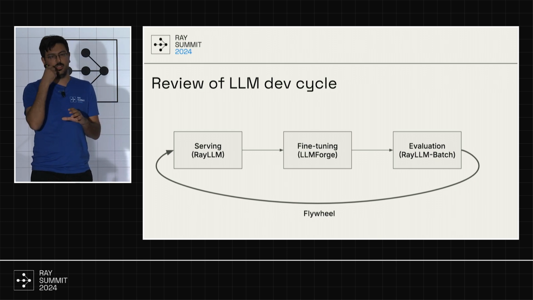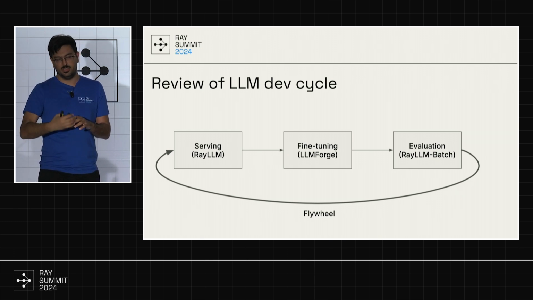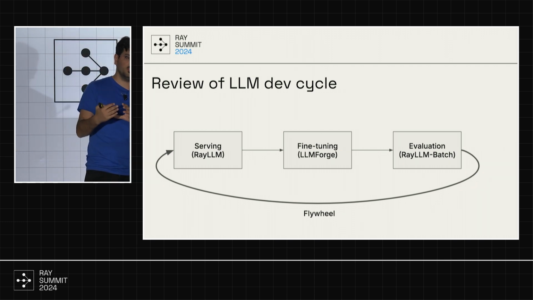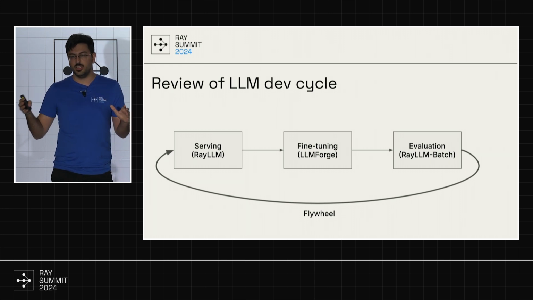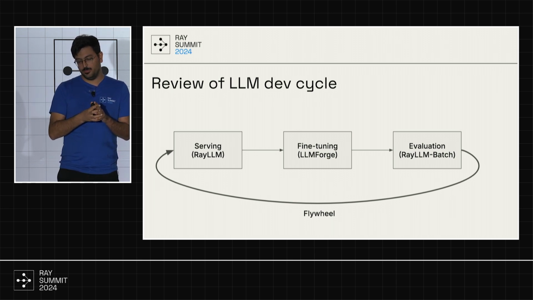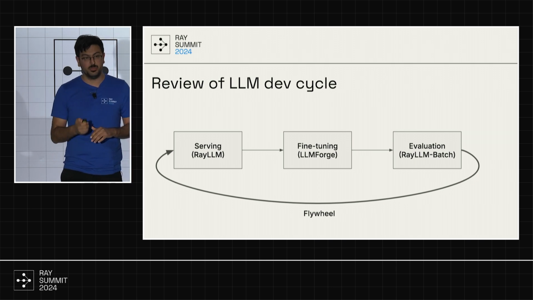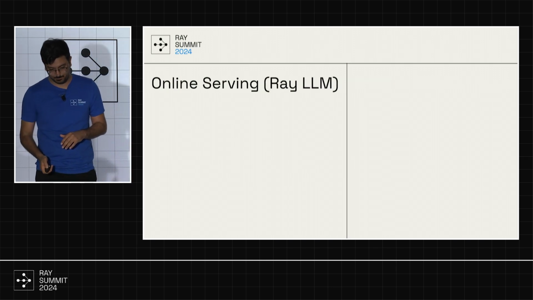You deploy, you collect more data, you fine-tune either a smaller model or improve the quality of the model, and then you do batch evaluation to make sure it is meeting the quality bar. So it's very important to have a streamlined and unified ecosystem for dealing with this, and this is what we've built at Anyscale. We're going to talk about each component individually next.